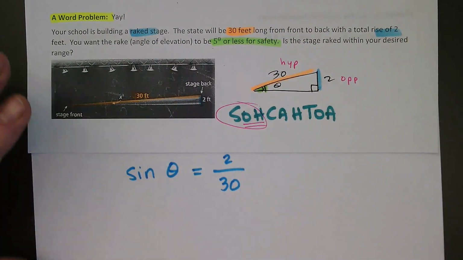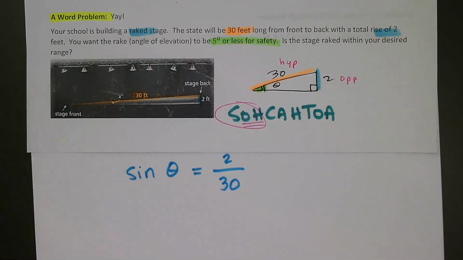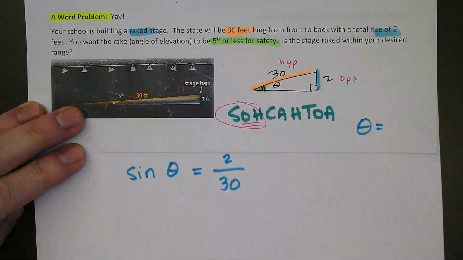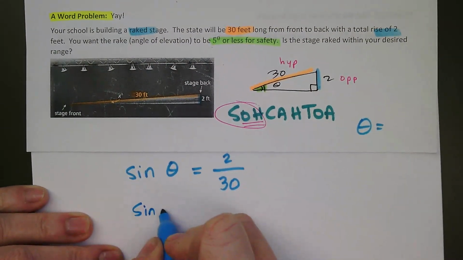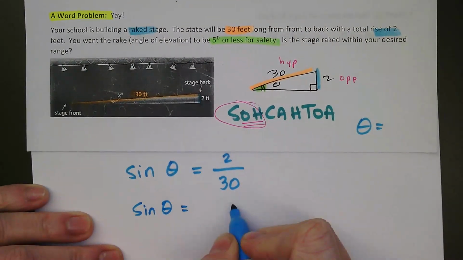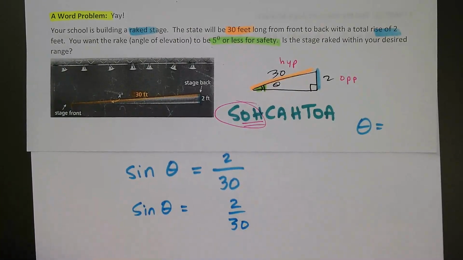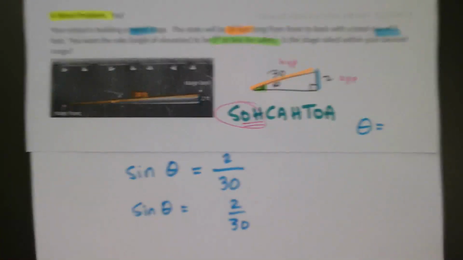And then we want to figure out that angle. Well, theta is what we want. Our final answer should be theta is some degree value. Right now, theta is trapped inside sine. We need to undo the sine. You need to do the inverse sine. In theory, we're really doing this on both sides of the equation.